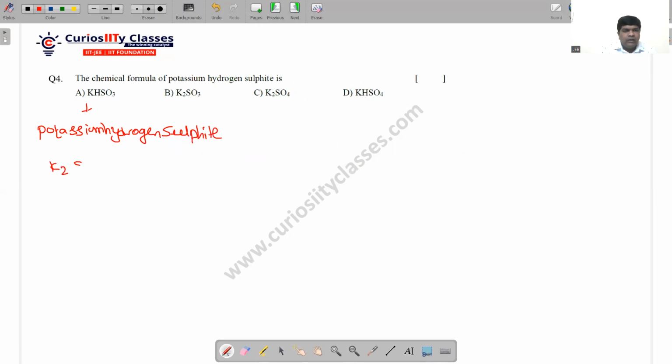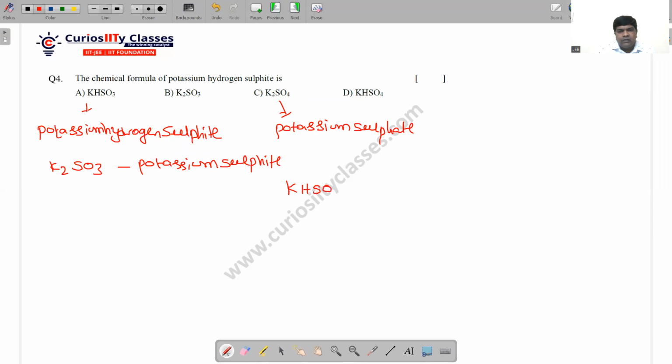Next, K2SO3 is potassium sulfite. K2SO4 is potassium sulfate. And KHSO4 is potassium hydrogen sulfate.